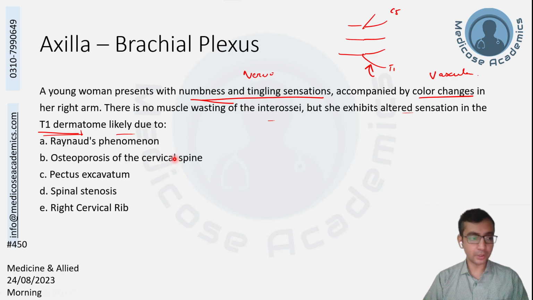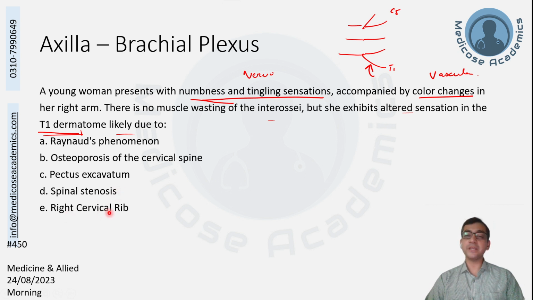Osteoporosis is not a good answer; that leads to compression fractures of the spine and radiculopathy. Pectus excavatum is an inward, excavated, concave sternum, a congenital issue. Spinal stenosis is compression of the spinal vertebral canal leading to stenosis of the spinal cord.